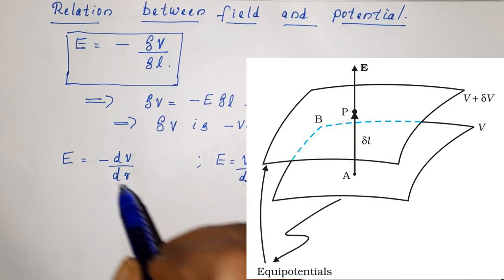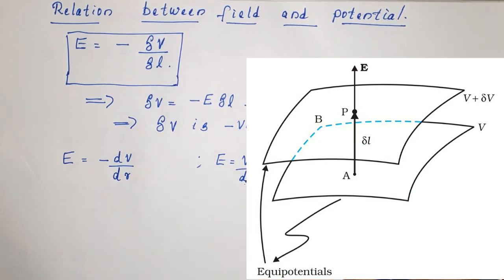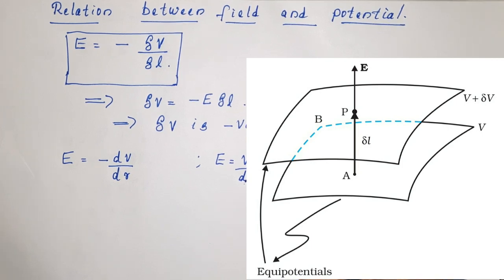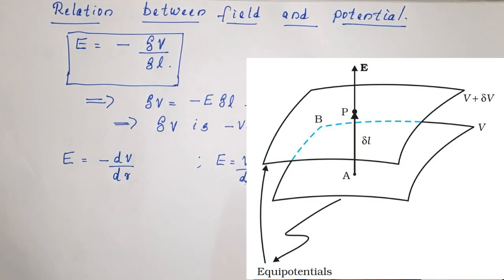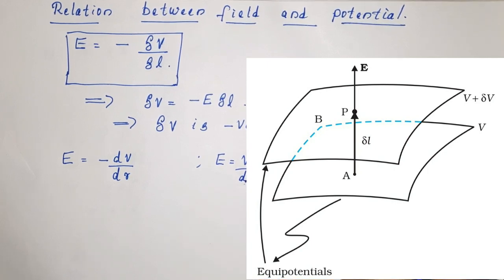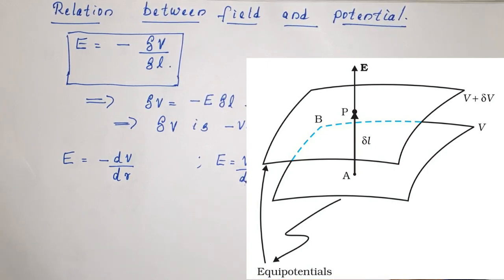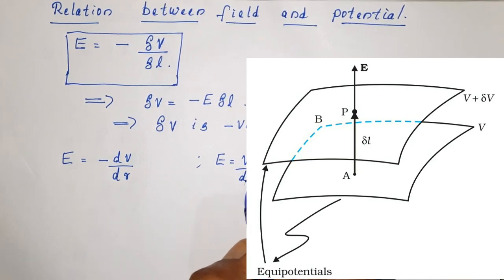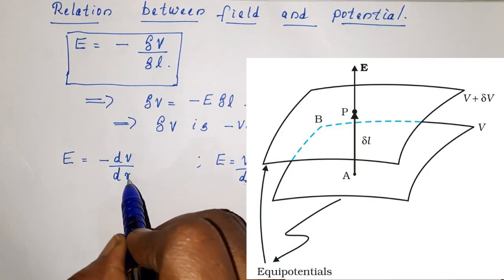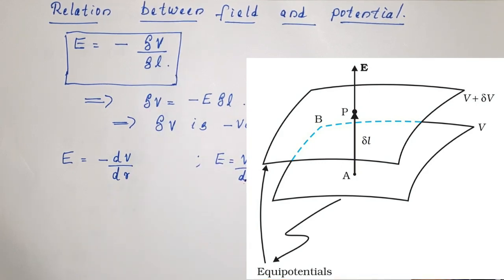What is that d, dr or delta L? It is the displacement. Various problems will come there. So you have to consider the displacement in the direction of the electric field. You may have some displacement in other directions, but you need not consider that. You should consider the displacement in the direction of the electric field. That's what we mean by that d here, d or dr or delta L.